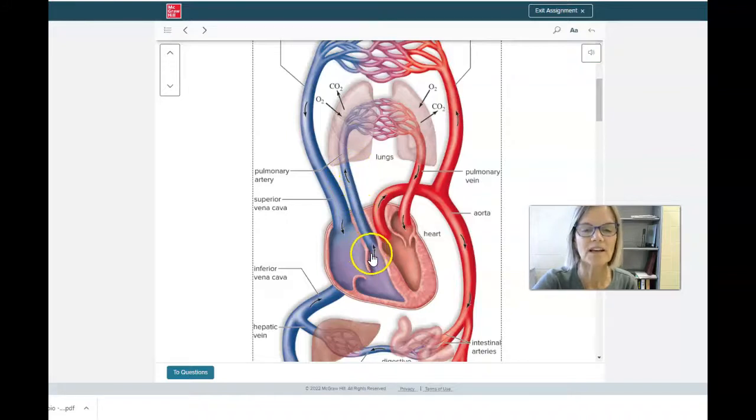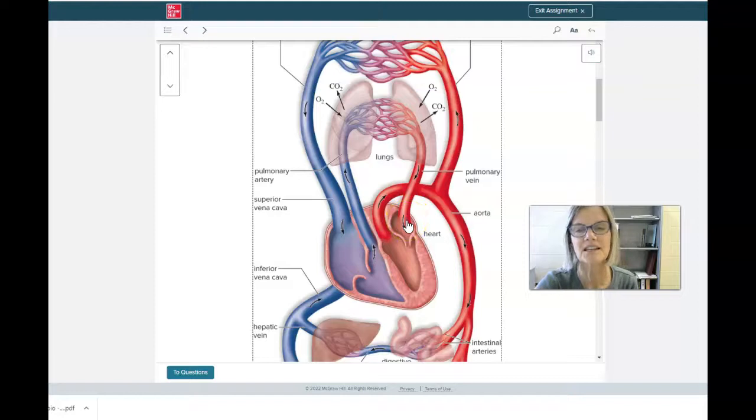What this becomes a part of is what we call the pulmonary circuit. Pulmonary refers to lungs. The right side of the heart is involved in the pulmonary circuit. It's going to pump the blood to the lungs, where it's going to pick up oxygen, and then deliver that oxygenated blood through the pulmonary vein.